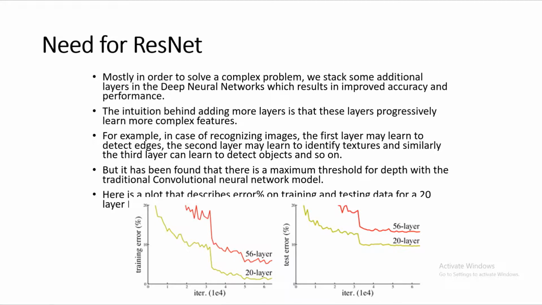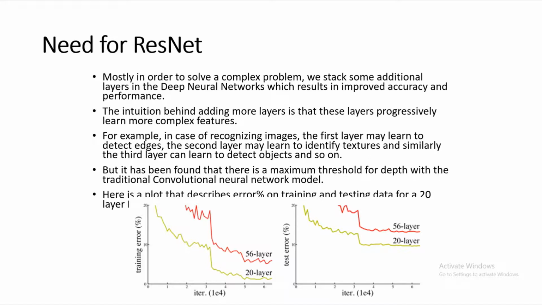In general we assume that with the increase in the number of layers, the more we increase the depth, the more we make the network deep, the accuracy gets increased.